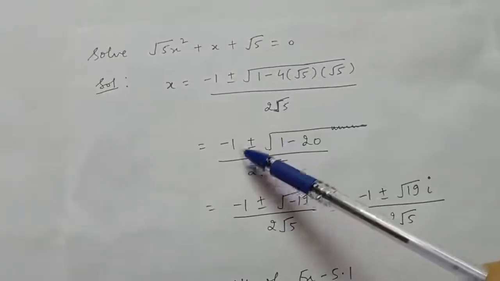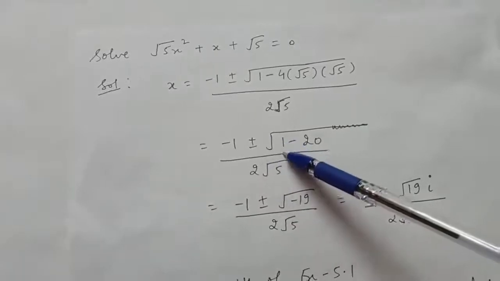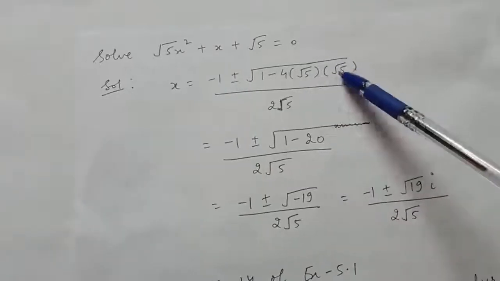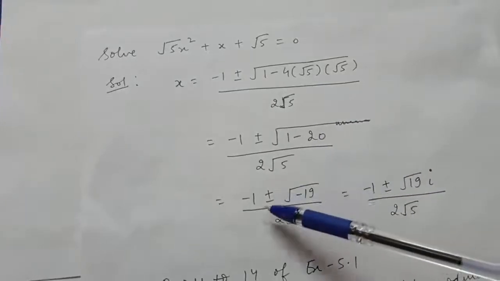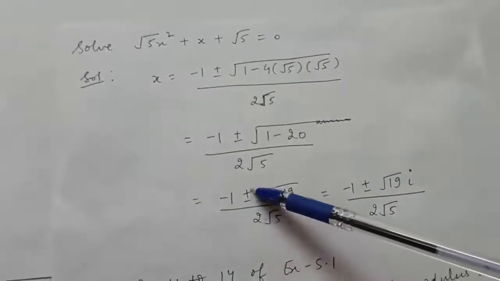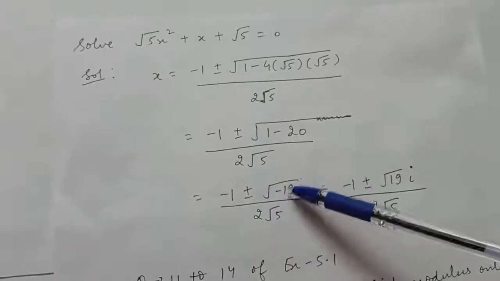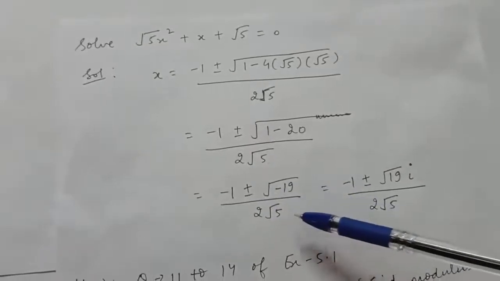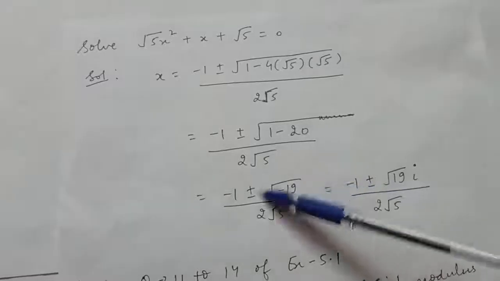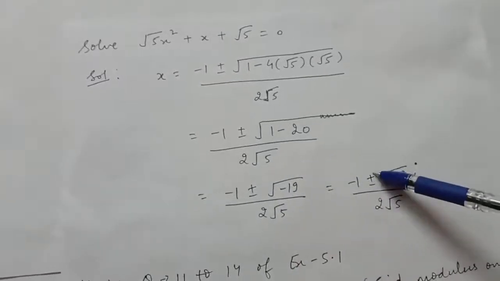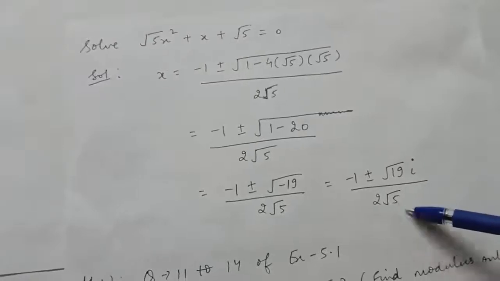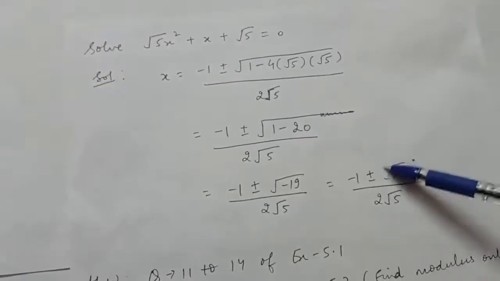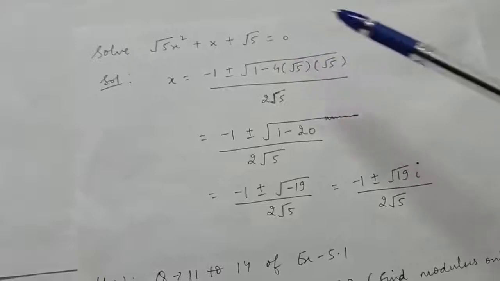Now this will be minus 1 plus minus root 1 minus, this will be 5 into 4 is 20, upon 2 root 5. So this will become minus 1 plus minus root minus 19 upon 2 root 5. Now this can be written as minus 1 plus minus root 19 iota upon 2 root 5, right? This is the solution of this quadratic equation.